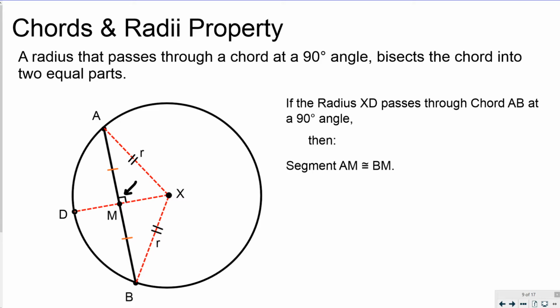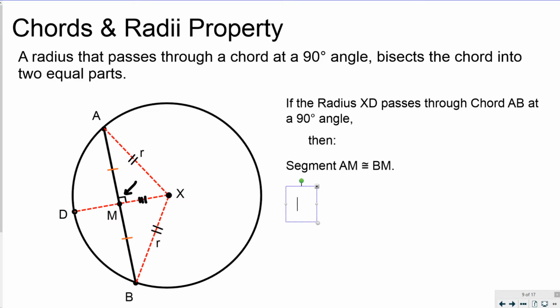So in essence, what this creates is two congruent right triangles, because they share this side in common. So it creates two congruent right triangles, and then it also creates an isosceles triangle if you were to go to XAB. So there's some extra information here.